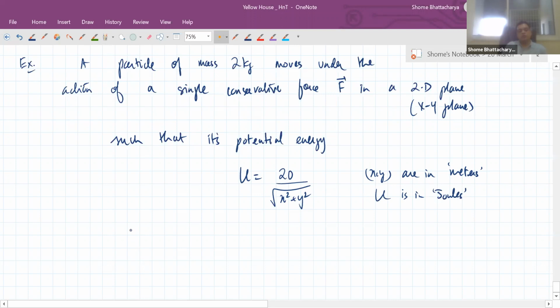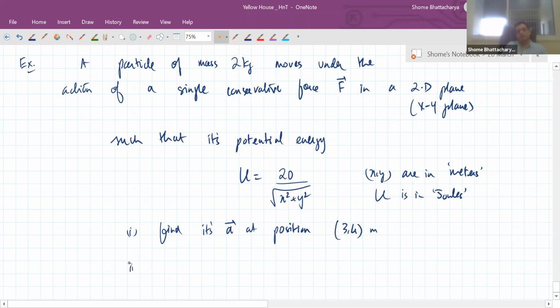So first of all, find its acceleration at the position 3 comma 4 in meters.